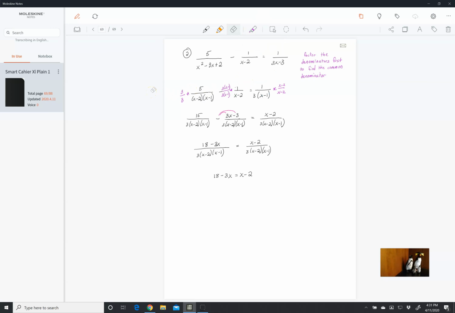So that means that we're going to add 3x to both sides just to keep the x positive, but it doesn't matter. Add 2 to both sides. The 3x's cancel on the left, the 2's cancel on the right. And we're left with 20 is equal to 4x. We're going to divide both sides by 4.